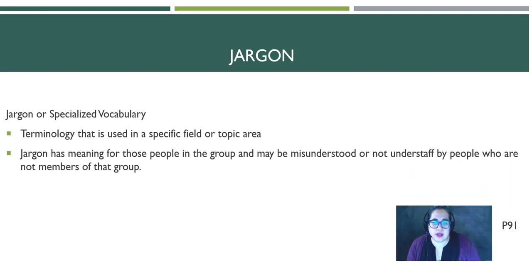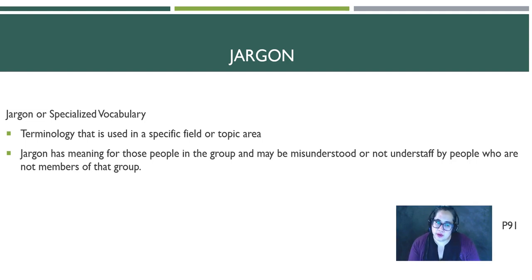So then your book goes on to describe jargon, which again, I'm adding the specialized vocabulary terminology to it because it's really the way we speak about it in the field and in work. We don't really use the term jargon anymore. Your book uses it, but I use specialized vocabulary.